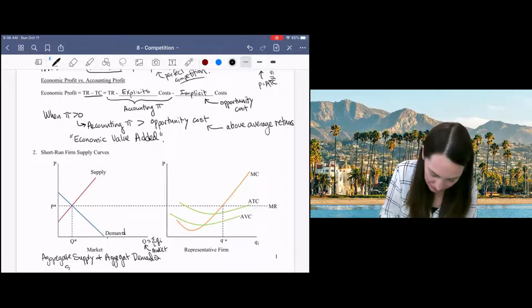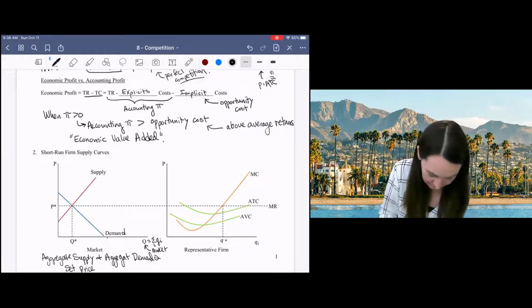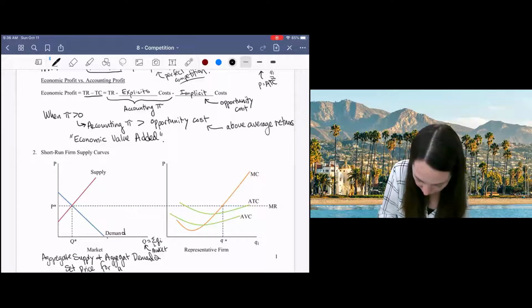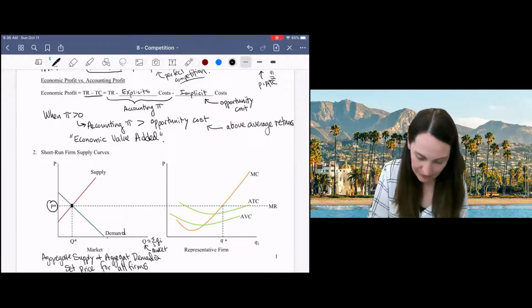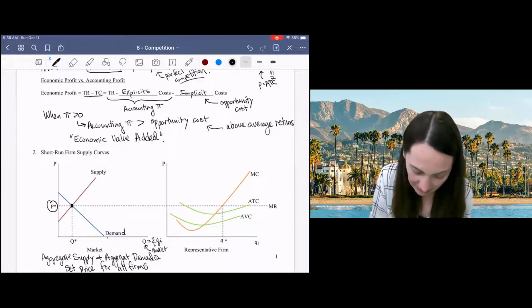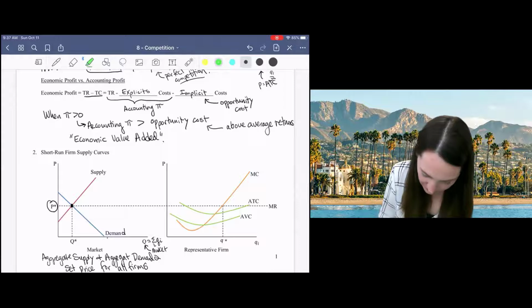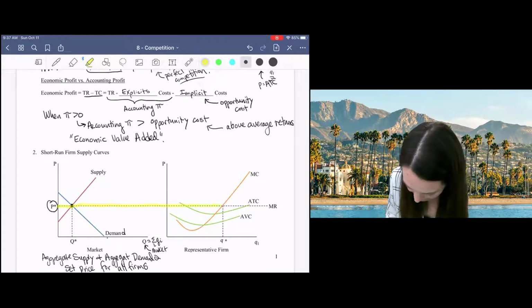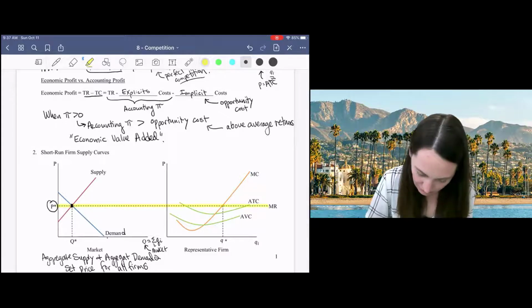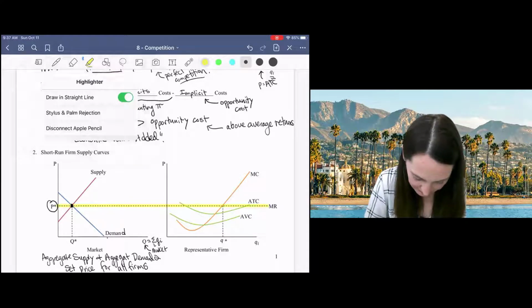Then together those set the price for the market for all firms, right? We have an equilibrium point here, which determines the market equilibrium price. And that is going to set this price for all firms in the market.